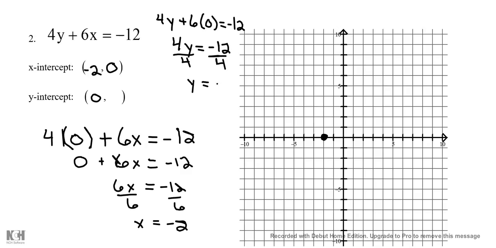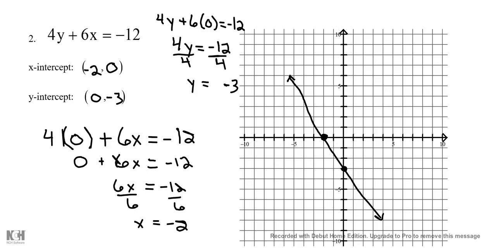Y equals -3. So we're going to go left or right 0, down 3 since it's negative, right on the y-axis. Line goes straight through.